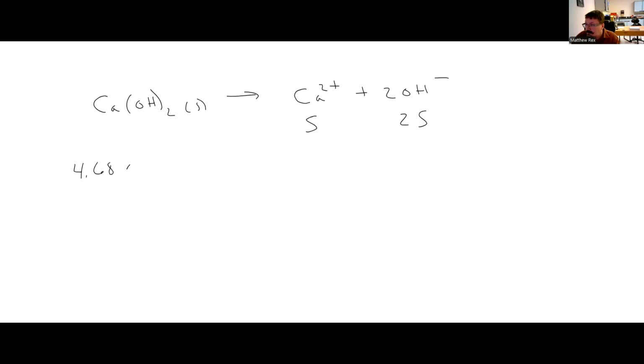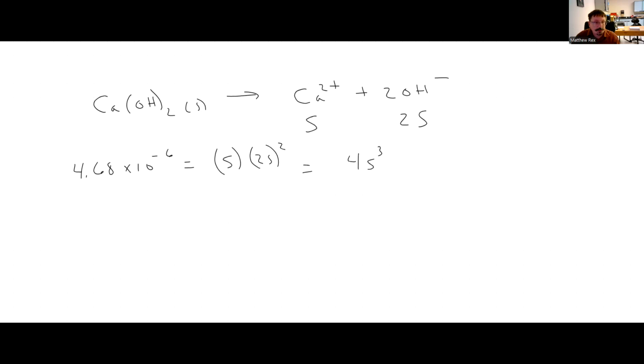What's the molar solubility of calcium hydroxide? Solid is going to go here, giving us calcium 2+ and 2 OH minus. These are both aqueous, so I'm going to have S and 2S. And we have the Ksp for calcium hydroxide on the page of constants. That's going to equal S times 2S squared, or 4S cubed.